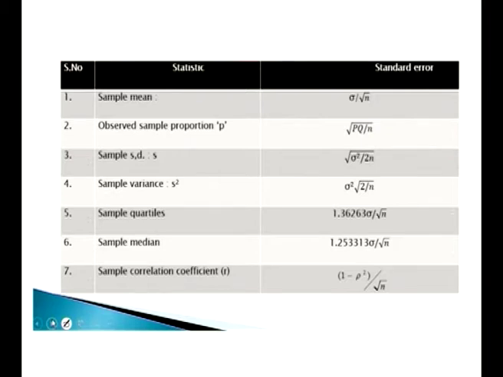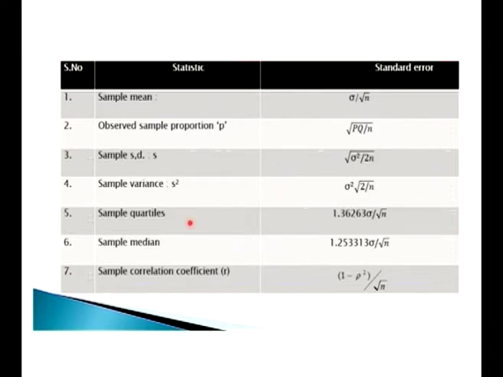The first one is sample mean. If the statistic is the sample mean x bar, then the corresponding standard error is sigma by root n. All these statistics are used for testing, therefore the corresponding standard errors have to be studied.